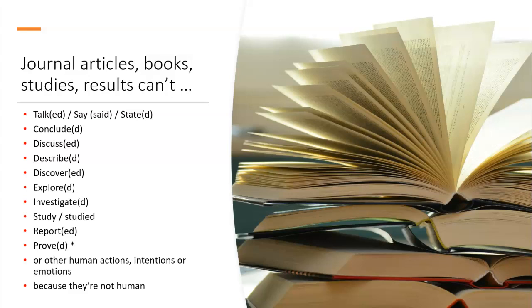One verb I want to point out is prove or proved. I see this a lot in student papers, and I want you to be particularly careful when using this verb. To remind you, in scientific study, our goal is not to prove anything. In fact, the whole goal of scientific study is to have a hypothesis and find evidence either to retain or reject that hypothesis.